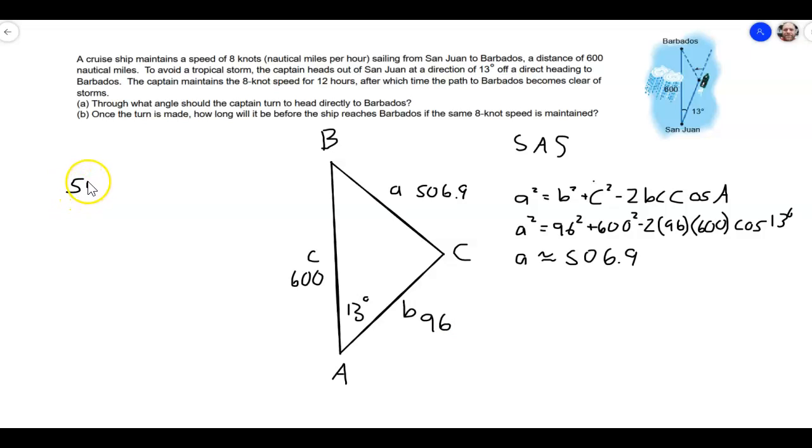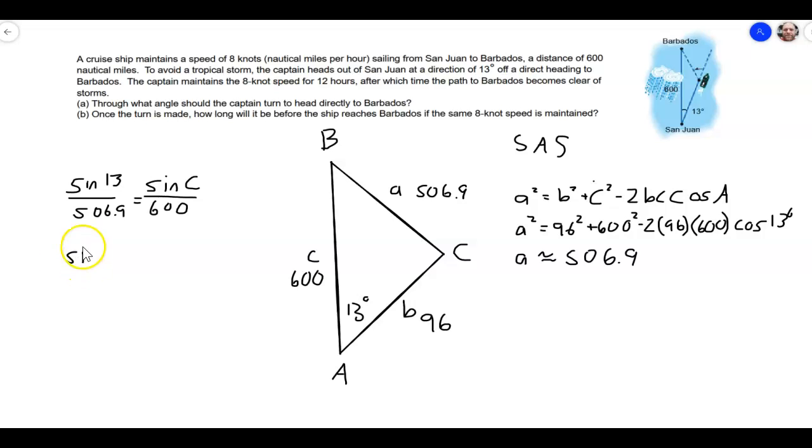So now I have the sine of 13 all over 506.9 is equal to, and we're trying to find that, the sine of C all over 600. Okay, and then we're going to go ahead, cross multiply, divide.